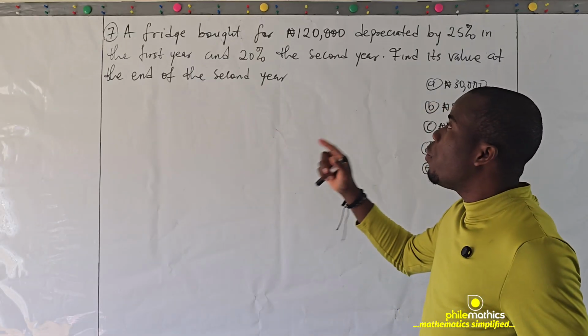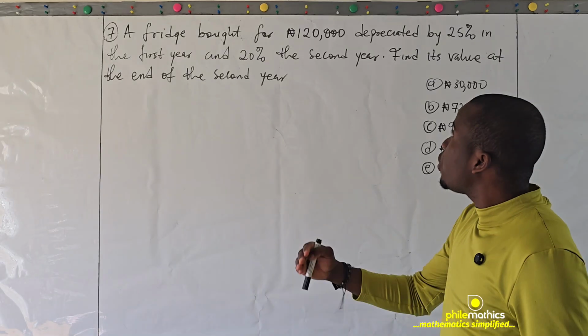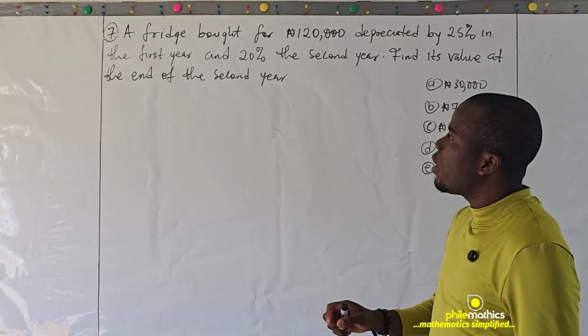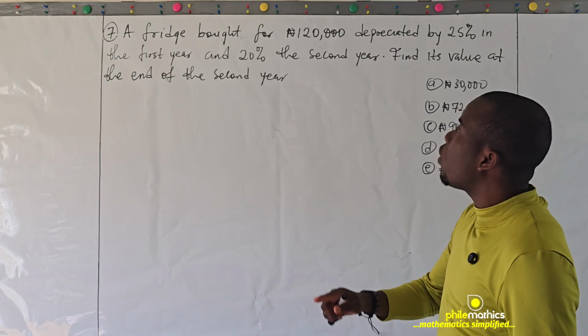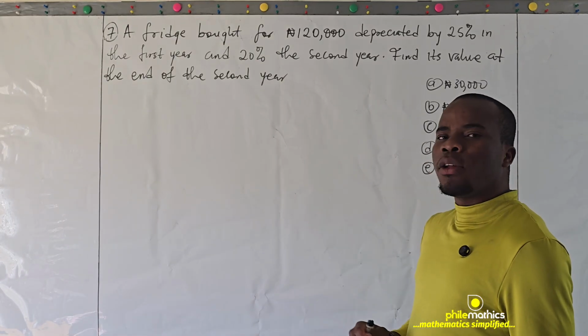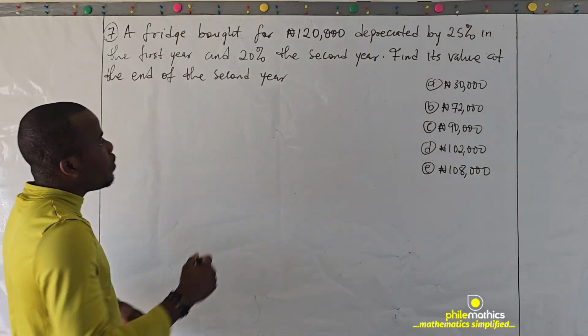A fridge bought for 120,000 naira depreciated by 25% in the first year and 20% the second year. Find its value at the end of the second year. So we first of all look for its value at the end of the first year.